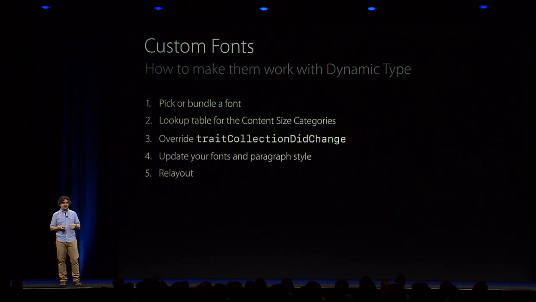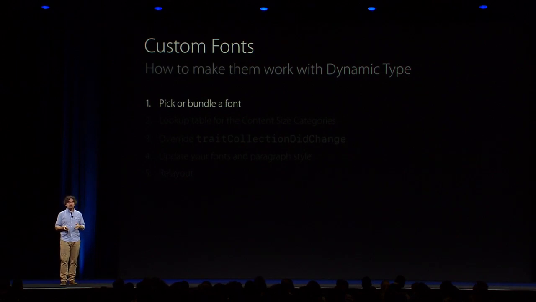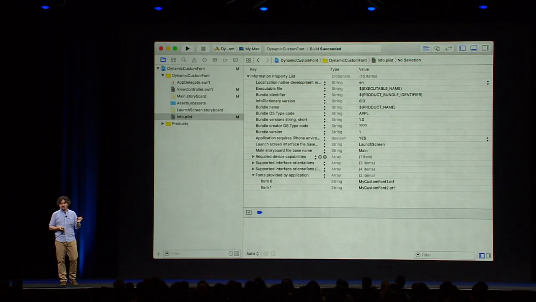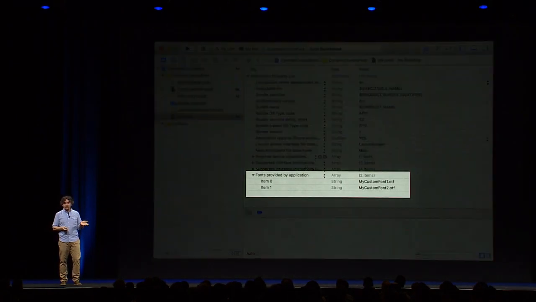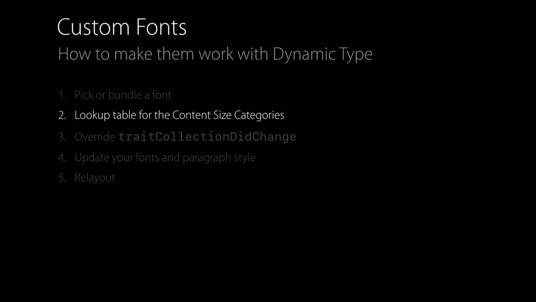So let's see these steps a little bit closer. How do you actually bundle a font in your app? Well, that's easy. You just drag it into Xcode, and then you declare the font names in the Info.plist. There is a key for it. Now, for the content size categories, you have to, of course, have a lookup table that maps them into point sizes and possibly weights or tracking values or even leading, depending on the typeface that you chose.